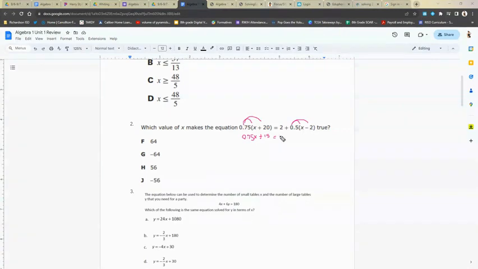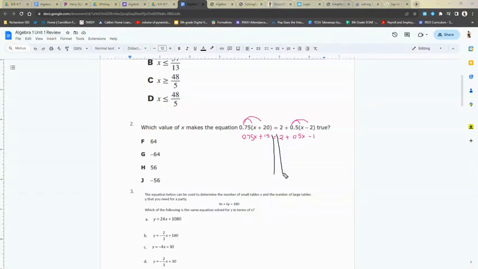Equals 2 plus 0.75 times x is 0.75x. And then 0.5 times negative 2 is going to be negative 1. Now, what I'm going to do is simplify my like terms on the right.